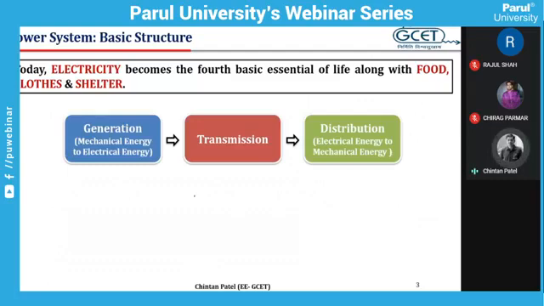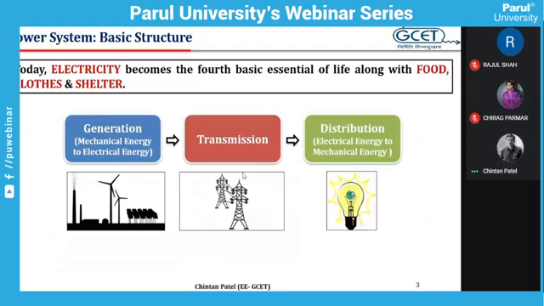The energy is converted from mechanical energy to electricity at the power plants. Then this electricity is transmitted through the overhead transmission network. In most cases it is distributed, and finally the same electricity is utilized by customers.